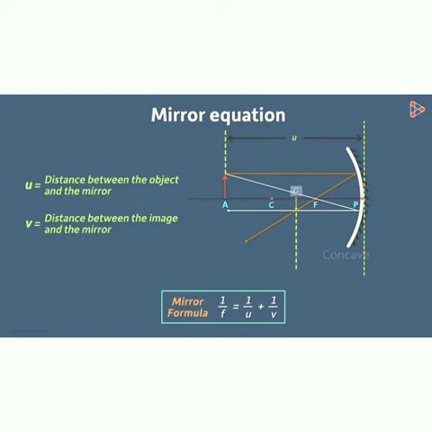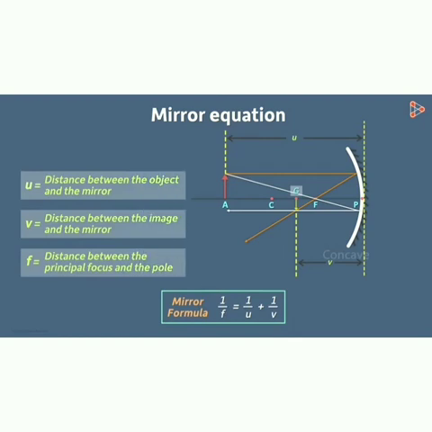Here the image point is represented by the letter G. The distance between G and P is represented by the letter V. And F represents the distance between the principal focus and the pole. All these distances are measured from the pole of the mirror only.